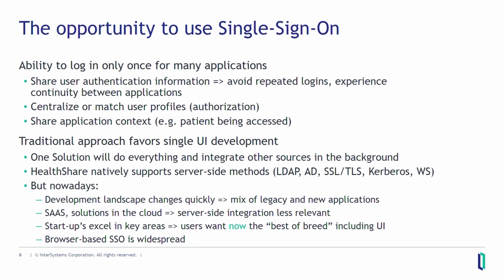However, nowadays, these things are changing, and this goes back to what has been discussed in the keynote. All of this world is changing. The development landscape changes very quickly. There's a mix of a lot of applications with different languages, different use cases, and so the mix of legacy and new applications disrupts these historical approaches.